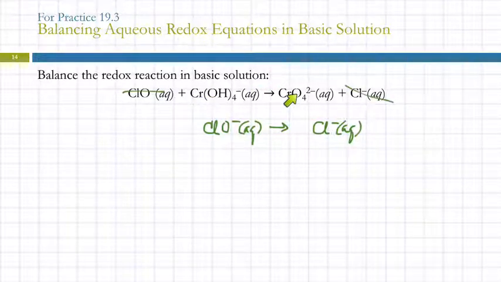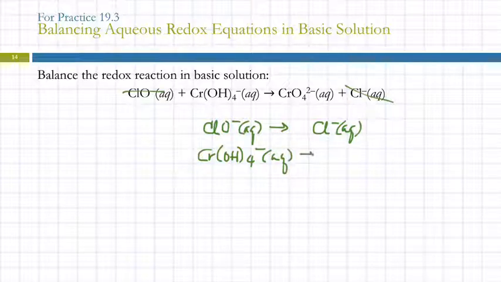This has chromium and that has chromium. We're looking at the things other than hydrogen and oxygen, because we can always add water and hydrogen ion and stuff in there. So we've got that guy, and we've got this guy.